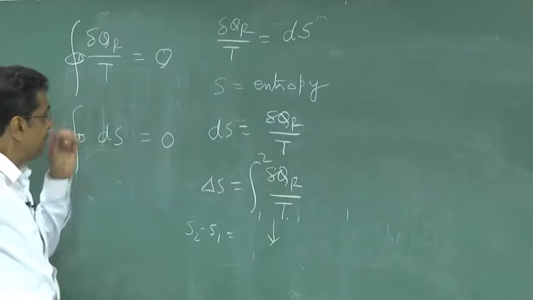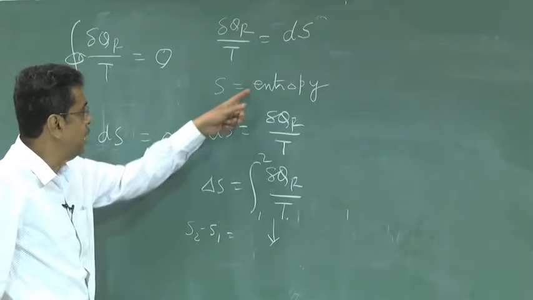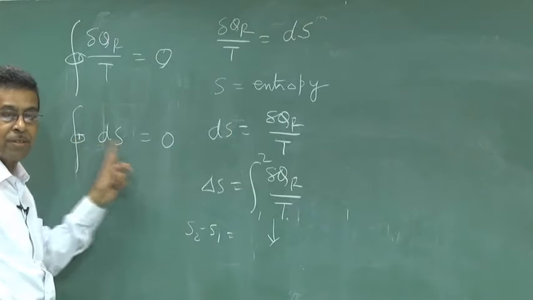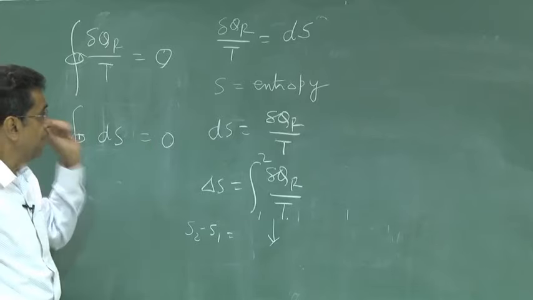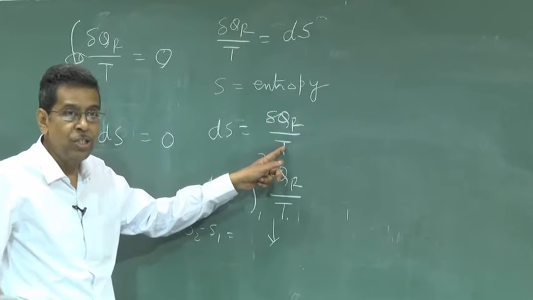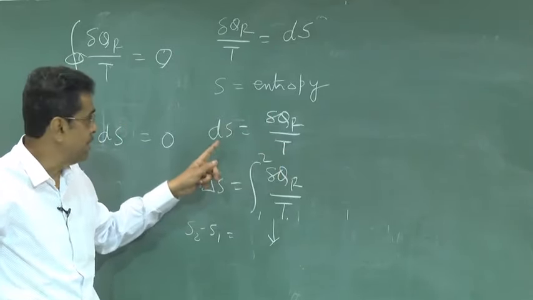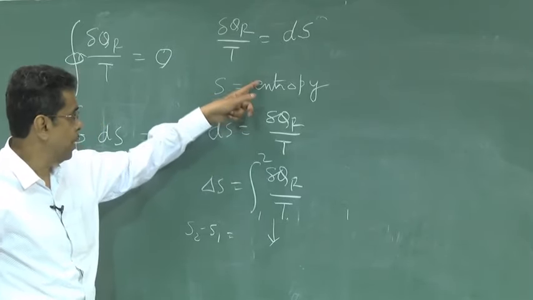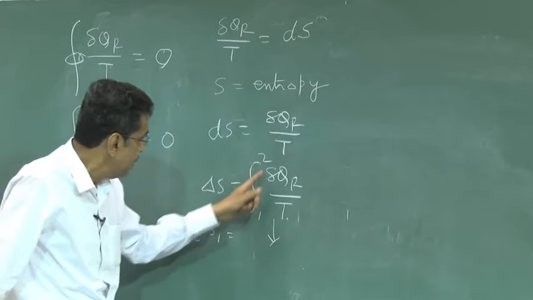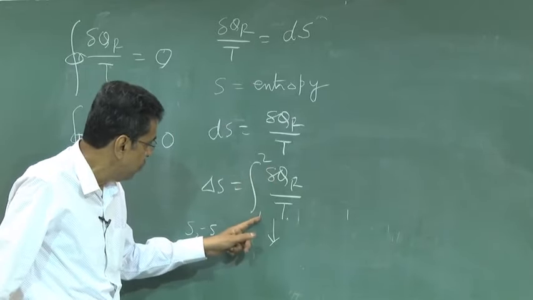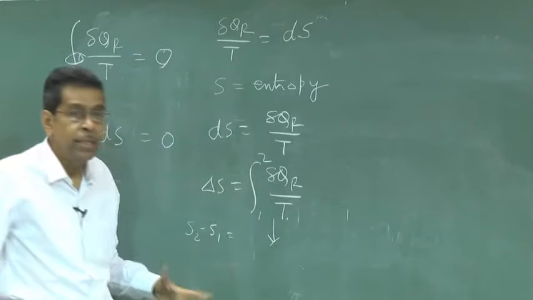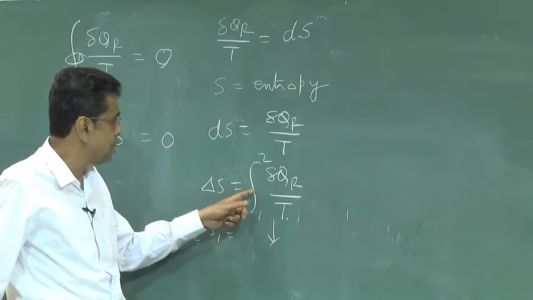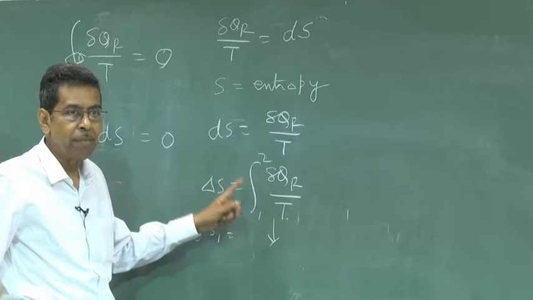And this S is a point function, a property, because it satisfies the relation that the cyclic integral of dS equals 0. That is why δq_R/T can be expressed in terms of the exact differential of a point function, which is the property entropy. That means the integral of δq_R/T from one state point to another is independent of the path, because it is a property, a point function. That is the most vital thing.